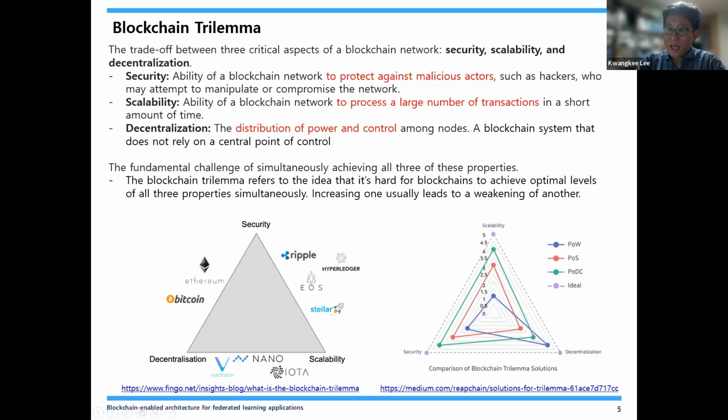In fact, in integrating FL and blockchain, we have the same challenges in managing the trade-offs among the three desirable attributes. So a sort of compromise is needed in real-time deployment. And today, I'd like to introduce our ideas and efforts to solve the trilemma in BCFL applications.